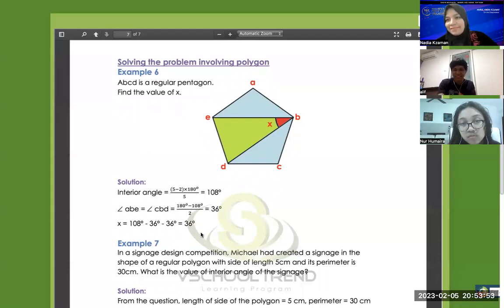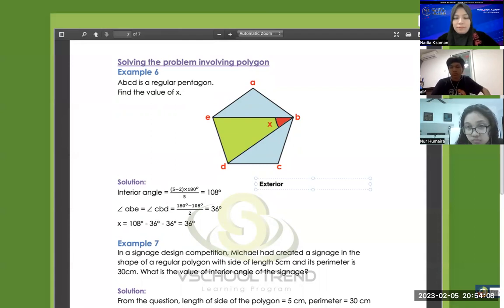Okay, Alif? Yeah. So let's say we are using another formula, which is the exterior angle. What will the exterior angles be? The total of the exterior angles just now, how many? What will it be? The total of exterior angles? 360. Okay, remember 360.